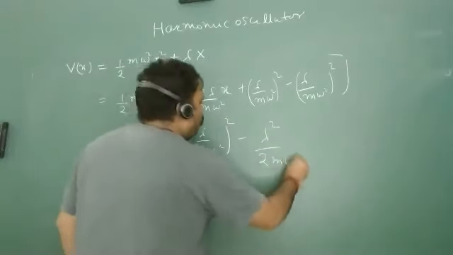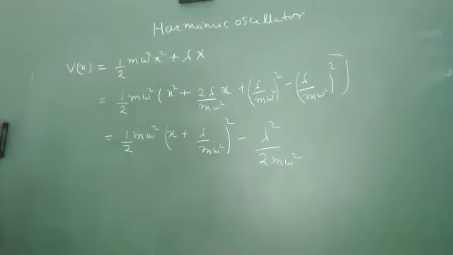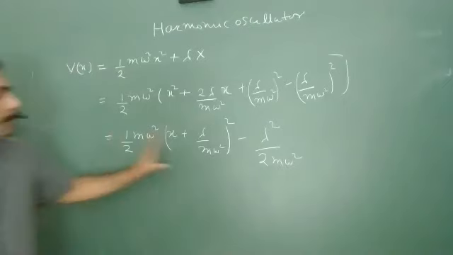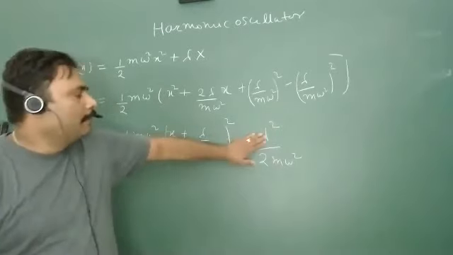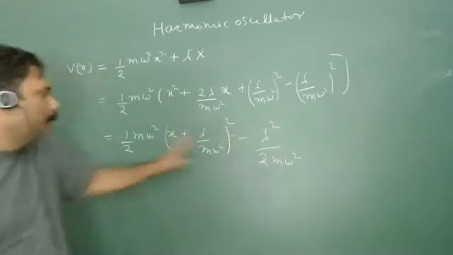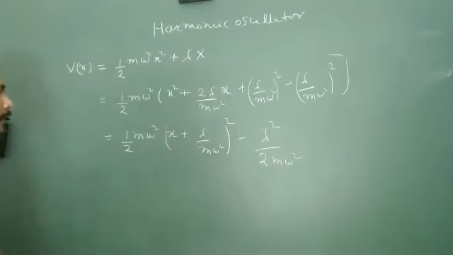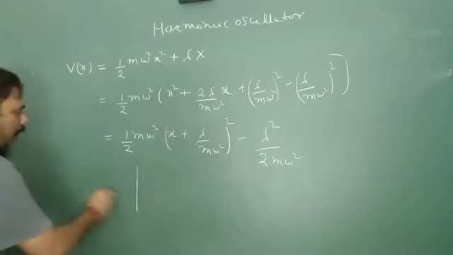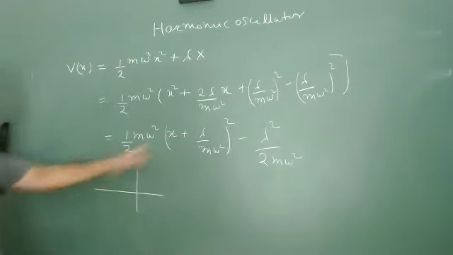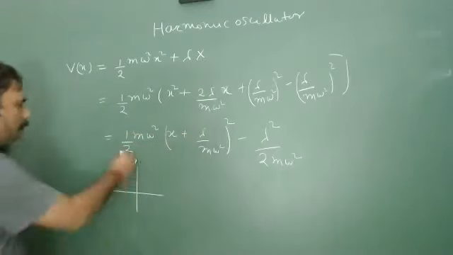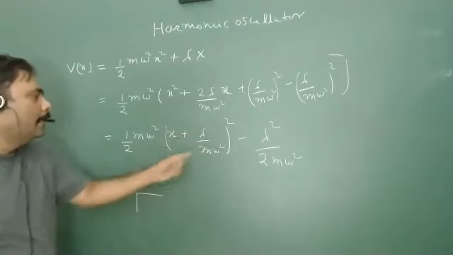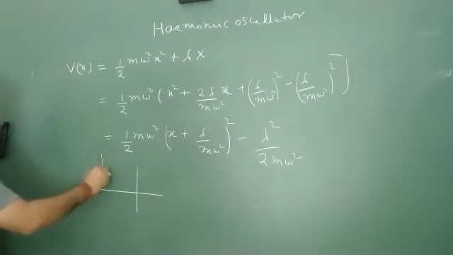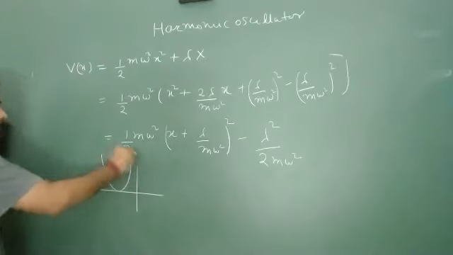Now we have just made it a perfect square. Now leave this part initially. If you plot this potential, if this is 0, then this is centered at 0, and if this is not 0, this will be centered at lambda upon m omega square. So this will be something like this.